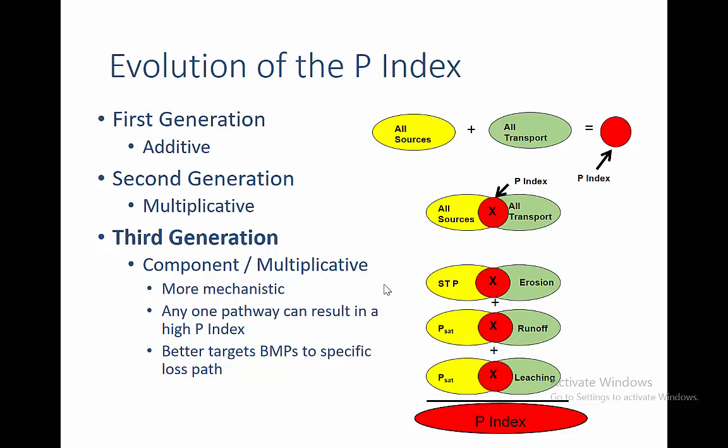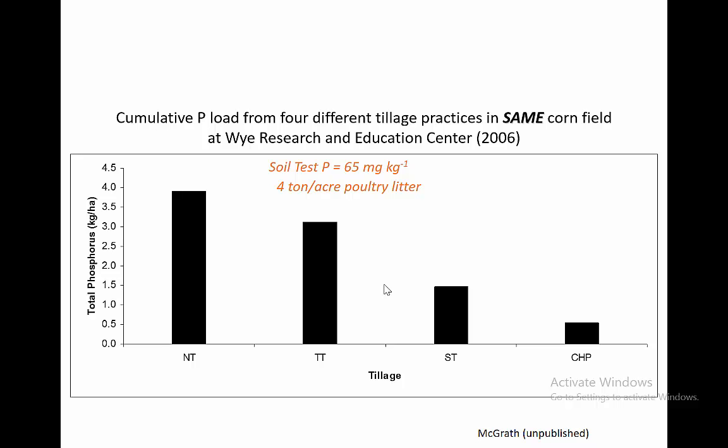No variables have changed, just changed the way the numbers are being multiplied together. But it gives us a better idea, again, which one of those transport pathways is our issue? Particulate, runoff, or subsurface? And then helps the producer, the decision maker, make a decision on management and how to better target it within that to decrease your loss of phosphorus.